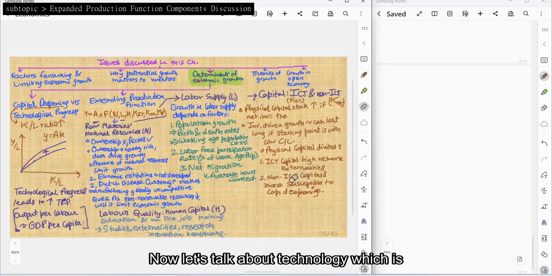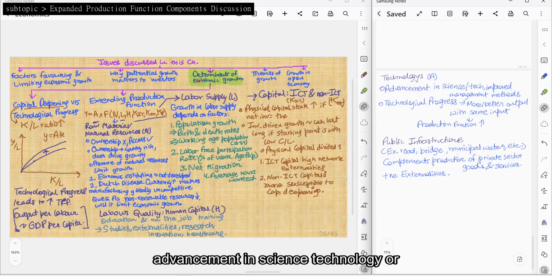Now let's talk about technology, which is denoted by the symbol A. It refers to advancement in science, technology, or improved management methods. It could be reflected through better human capital, better public capital, or better ICT or non-ICT capital. In technological progress, we have better output with the same level of input.